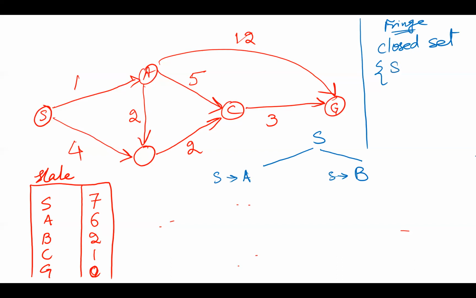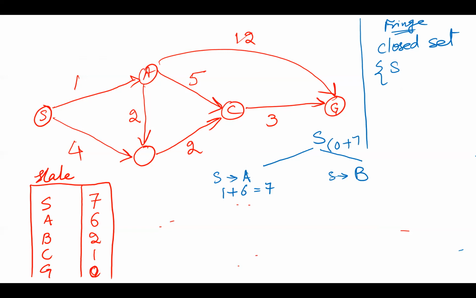Now, from S to A, what is the G of n and H of n? 1 plus 6, right? This is 7. Remember, G of S was 0 because we are already at the start state.